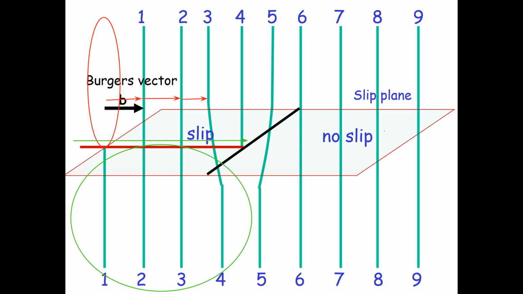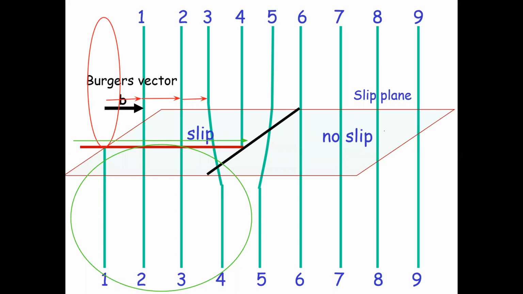On the left hand portion of this black line, you have atomic planes which are shifted by a magnitude equal to the Burgers vector, while on the right hand side of this black line, no atomic planes have undergone any shift. So the black line is basically the demarcation line between the slip and the no slip region. So remember, your slip plane always has two parts.